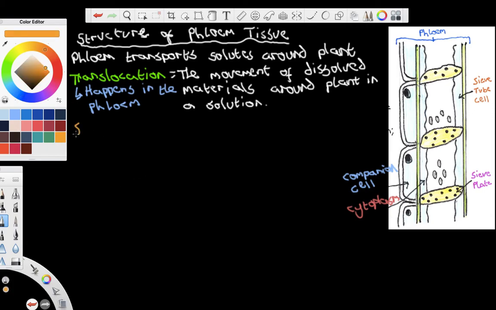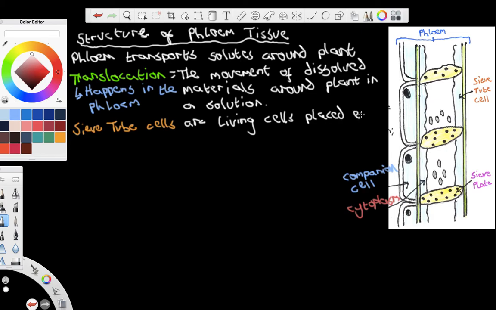We can put: sieve tube cells are living cells placed end on end to form a sieve tube.